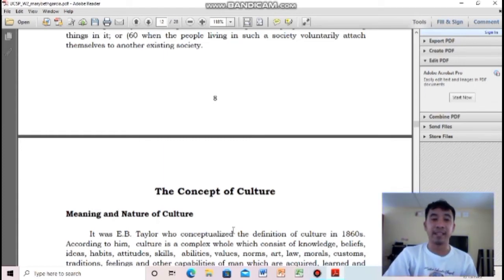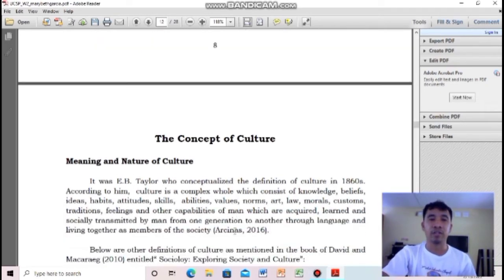Now, let us proceed to the concept of culture, meaning and nature of culture, or ano bala ang boss na kita nga kultura. It was E.B. Taylor who conceptualized the definition of culture in the year 1860s.